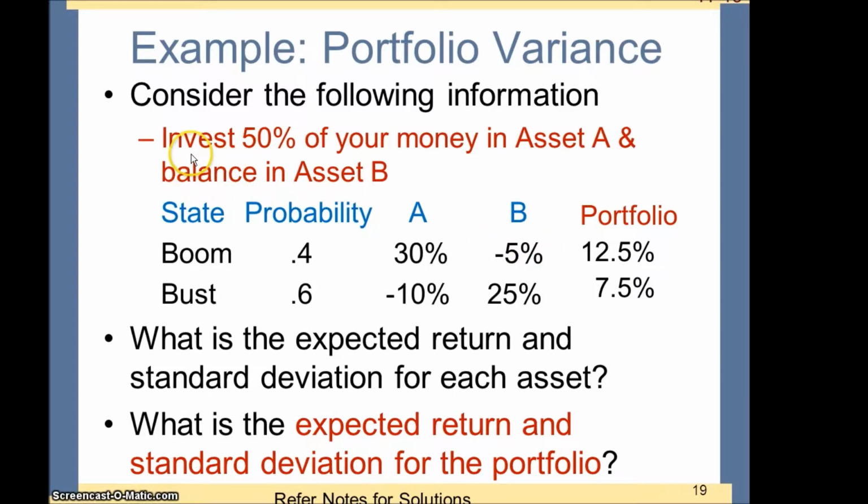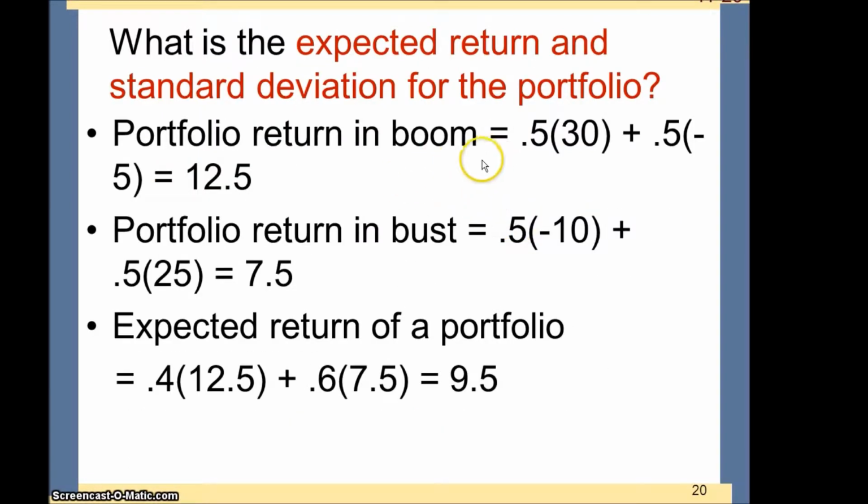Based on the question, we know we invest 50% of our money in stock A and the other 50% in stock B. So our money is divided equally in A and B. So from here we know the probability of our money spent in stock A is 0.5 and for B the same 0.5. So you can see from the solution, it is 0.5 plus 0.5, stock A, stock B.